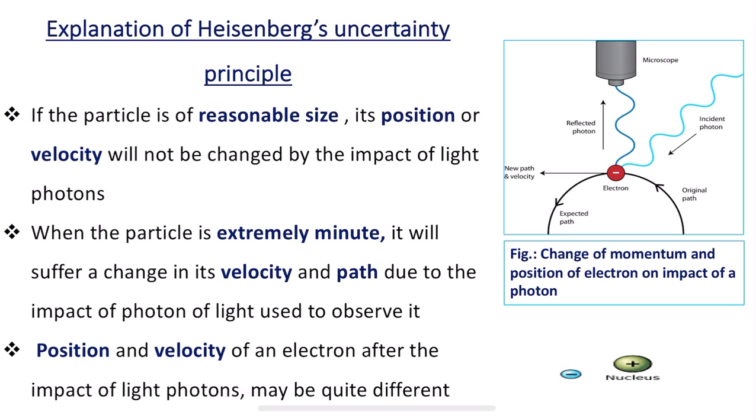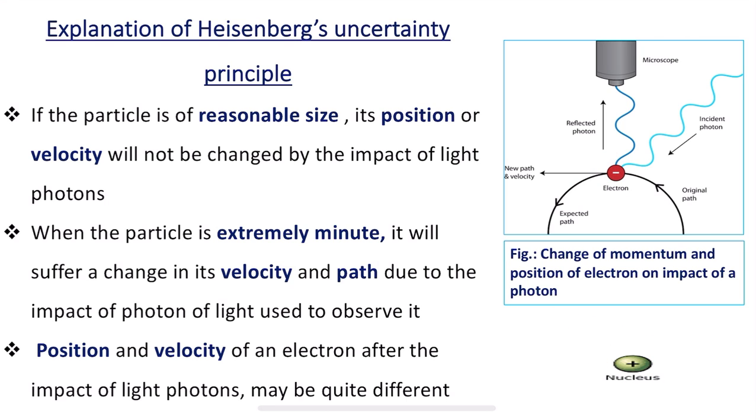Here there is a clear representation of the change of momentum and position of an electron on impact of a photon. This is a microscope, which observes the incident photon which falls upon an electron. If the particle is of reasonable size, its position or velocity will not be changed by the impact of light, so that electron will not change and will be in the same position.